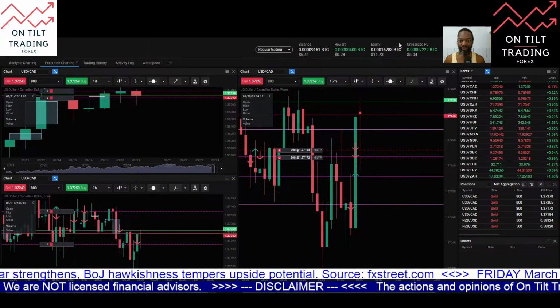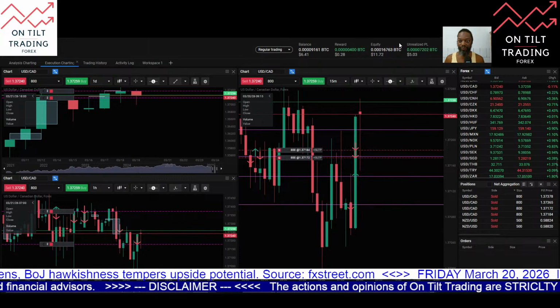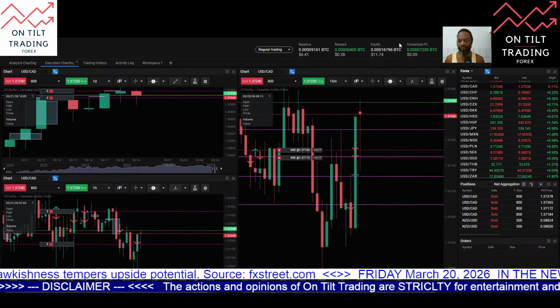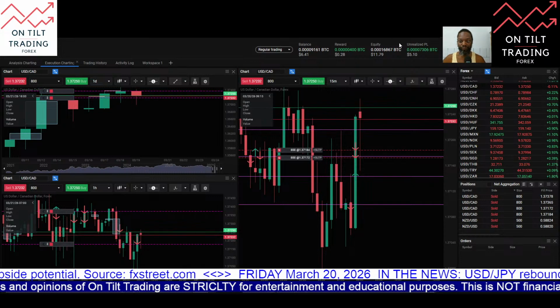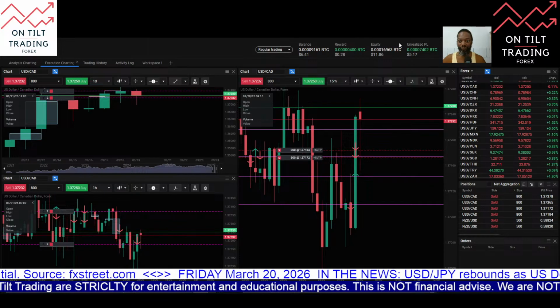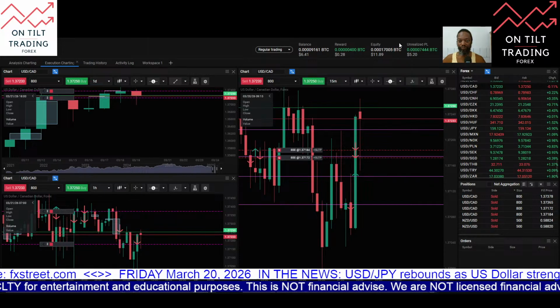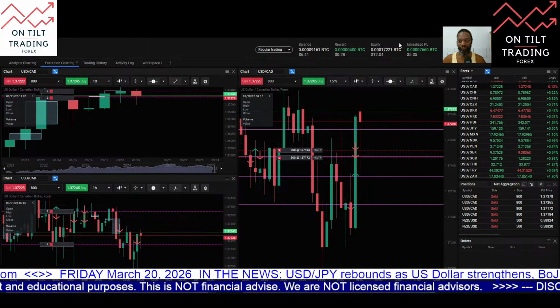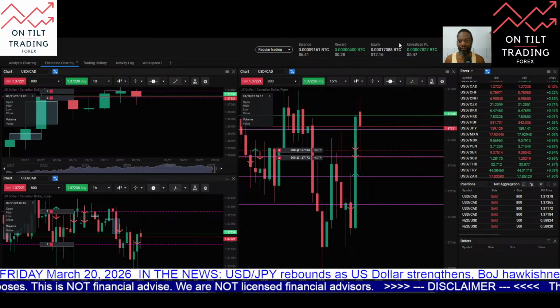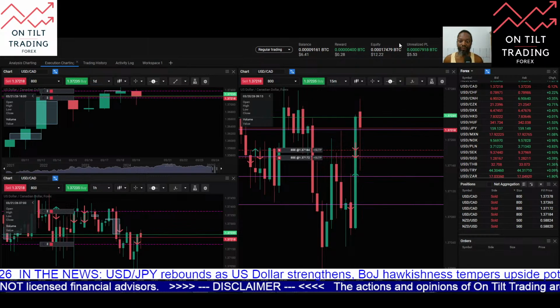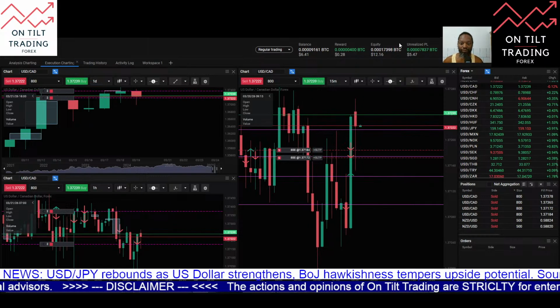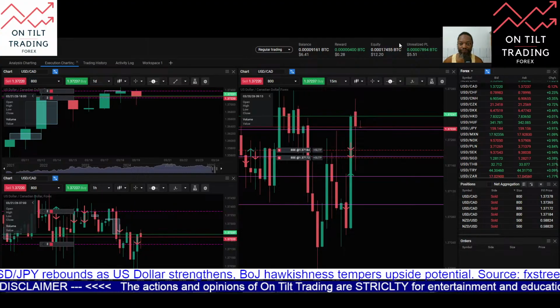Price trading high in the range here, near the 137,250 level. Seeing a return to sell side here, 137,220, and price closes in that area.